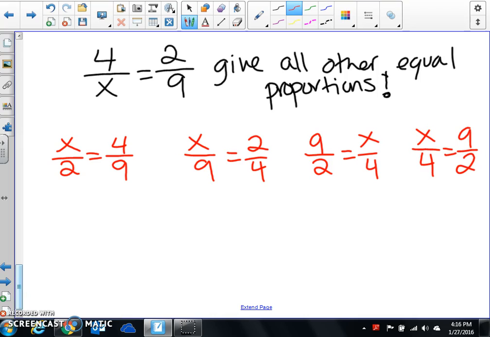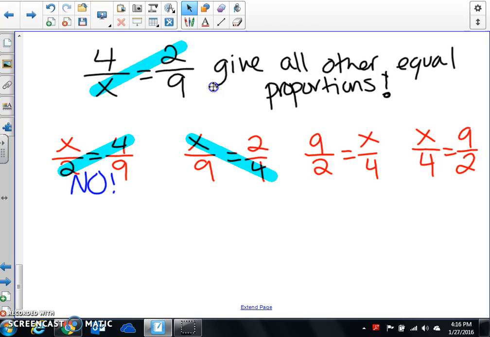All right, same numbers, different ways. The way you can tell if they are the same or not is you do the cross test. So I look over here and I know X always belongs to 2, always. So if I look over here, 2 belongs to 4. So no. No. Look right here. X belongs to 4.